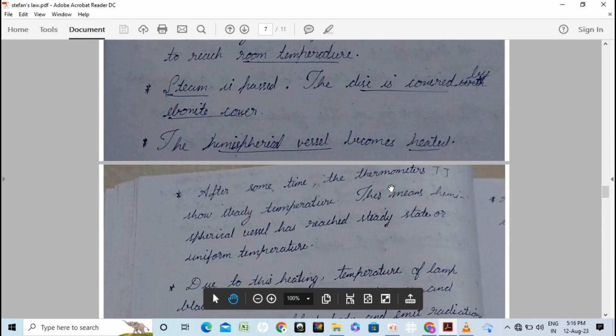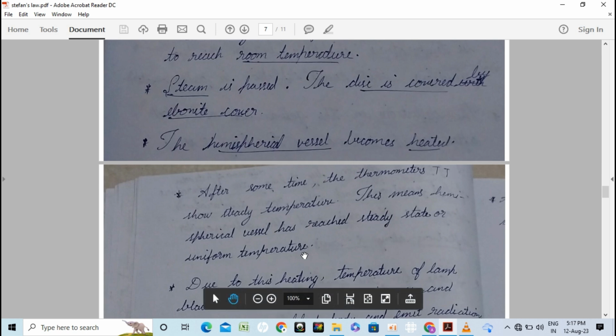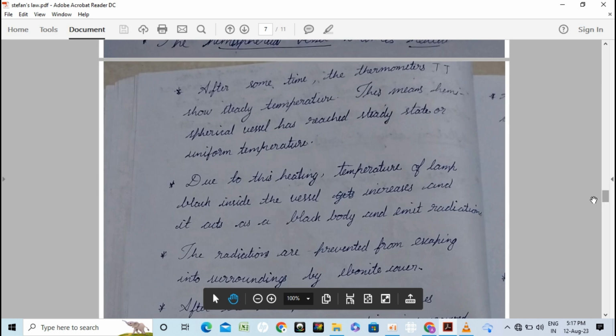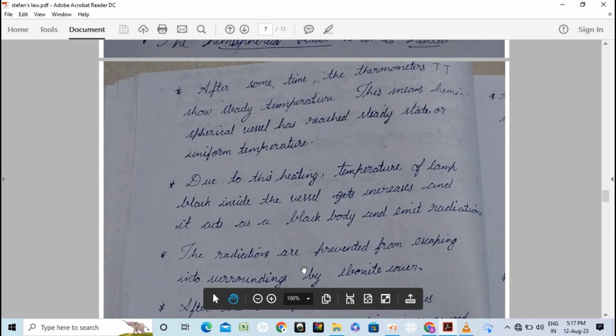After some time, the thermometers T and T show a steady temperature. This means the hemispherical vessel has reached steady state or uniform temperature. Due to this heating, the temperature of the lamp black inside the vessel increases and it acts as a black body and emits radiations. The radiations are prevented from escaping into the surroundings by the ebonite cover.